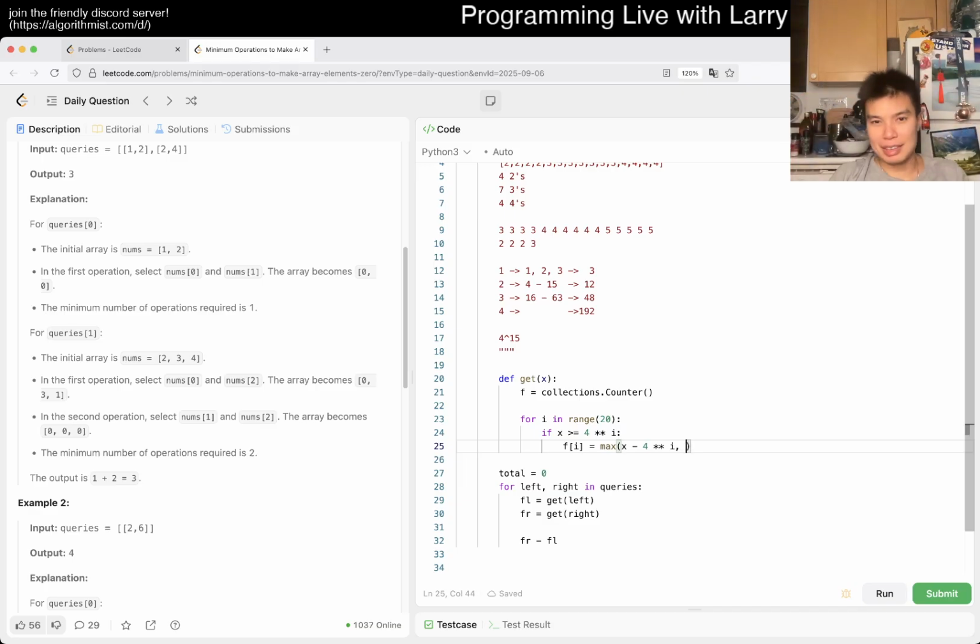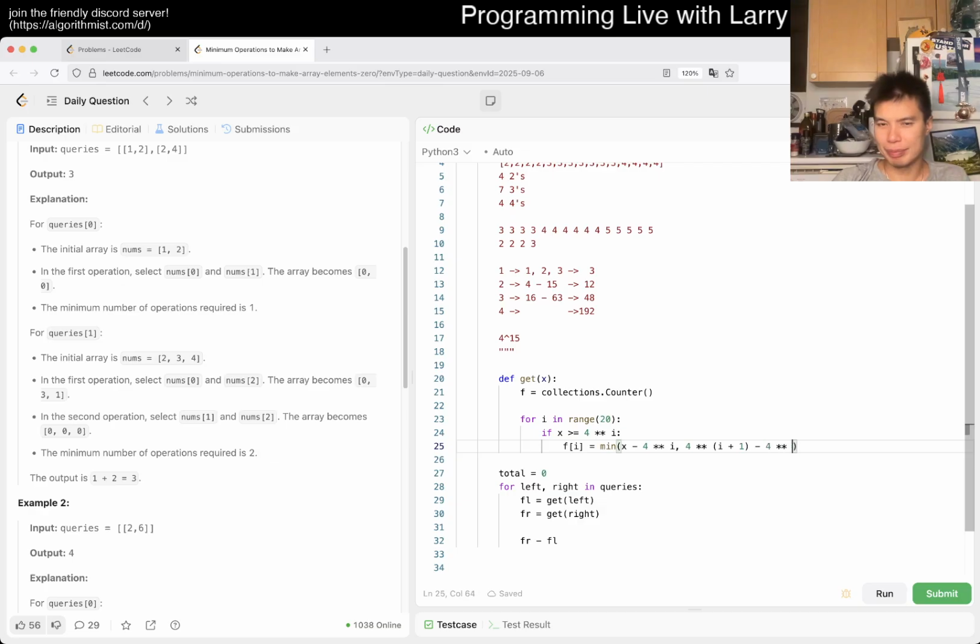Okay. So let's say the number is 10. What am I getting? If I'm 10, then this is 3. Then the max number is going to be 4 to the i minus, well, this times 4. So this minus 4 to the i, right?